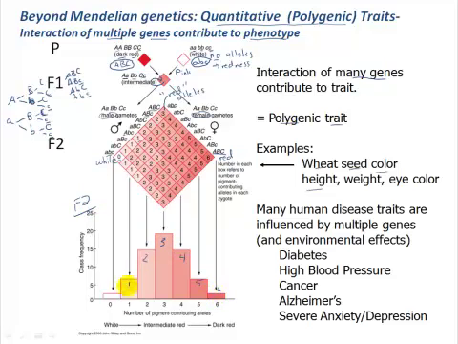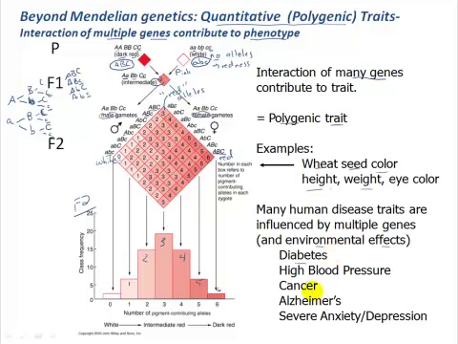the other shades present. And so we get this histogram that shows this bell-shaped curve with most individuals lying in the middle and then fewer individuals tailing off on either end. And if we look at many traits associated with humans, everything from height to weight, and eye color, as we'll see in just a minute, disease traits like susceptibility to diabetes, high blood pressure, cancer, Alzheimer's, severe anxiety, depression, we would see the same sort of influence of multiple genes, and included with that would be some environmental effects as well, obviously.